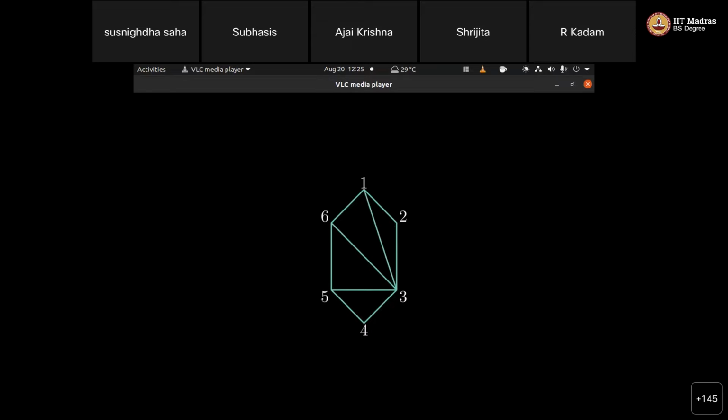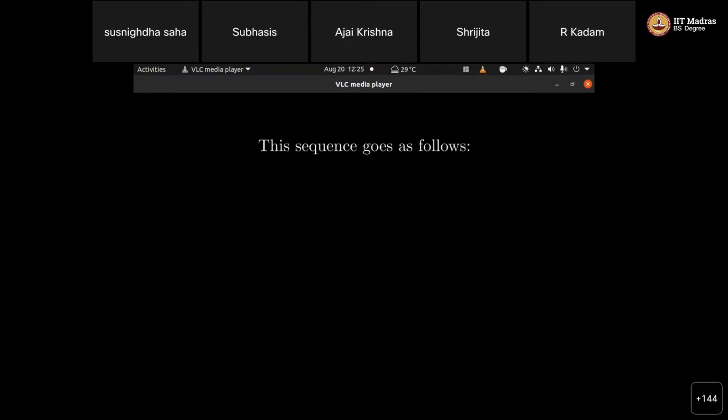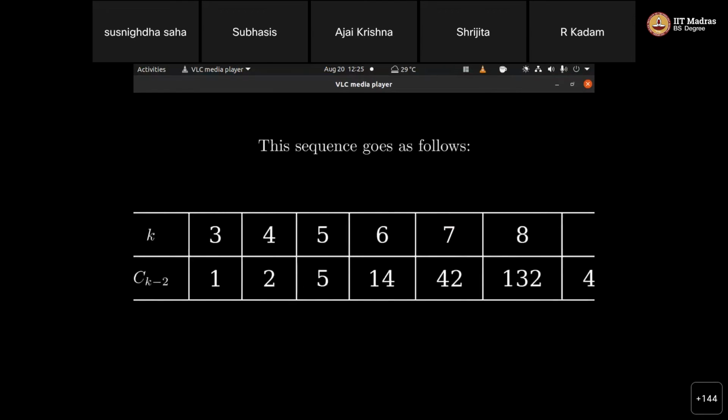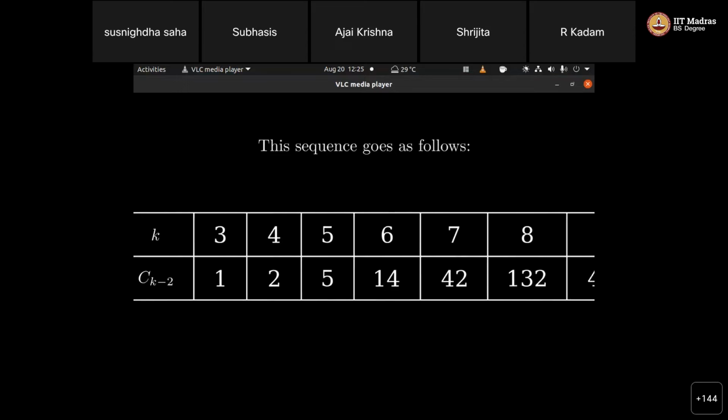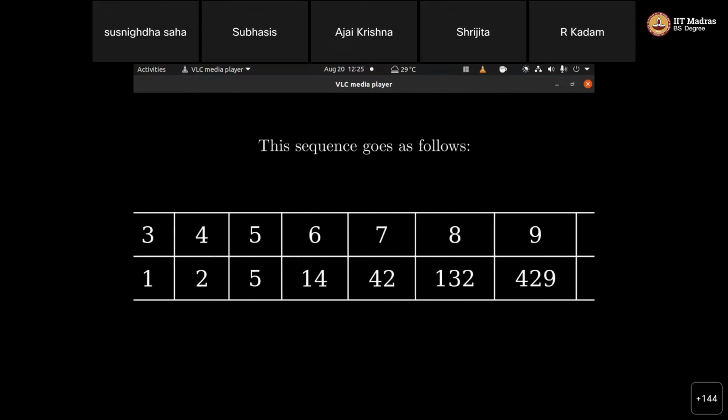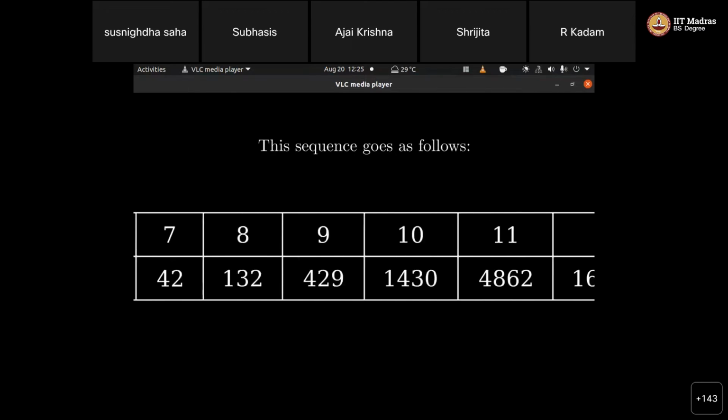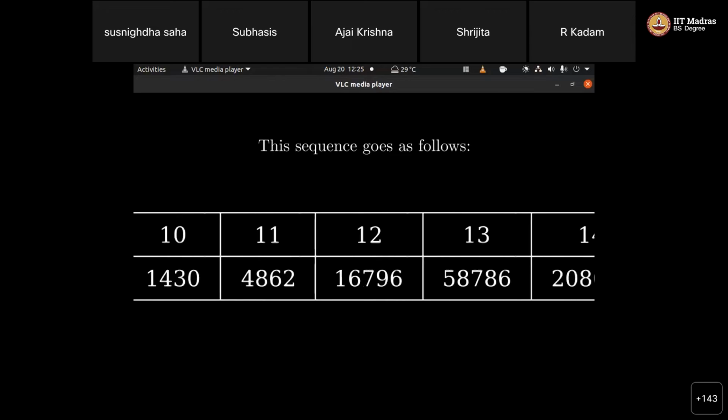And now this question that we are trying to solve, of finding the number of triangulations possible, is a rather historically significant problem because on September 4th, 1751, Euler wrote a letter to Goldbach in which, among many other things, he included his discovery of Catalan numbers.